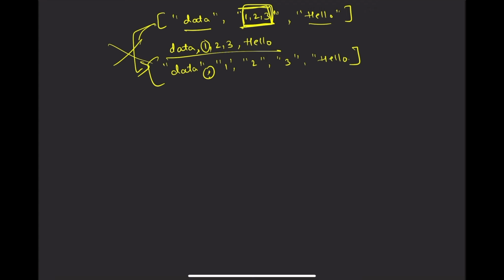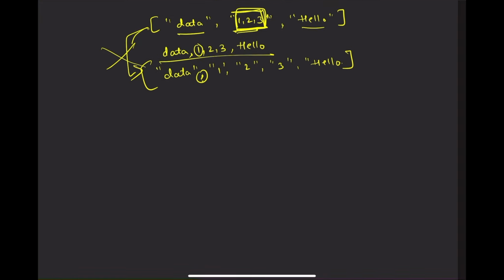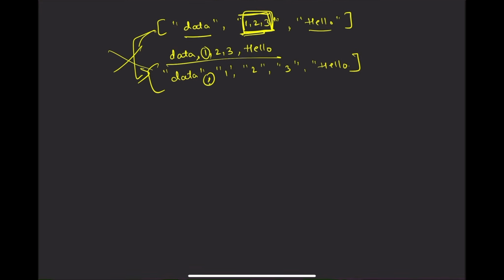So it's not just commas. You can use any delimiter. You can use a slash, a hash, a semicolon, whatever. Anything that you use could be a part of your string. So you'll face this problem whichever separator you intend to use.